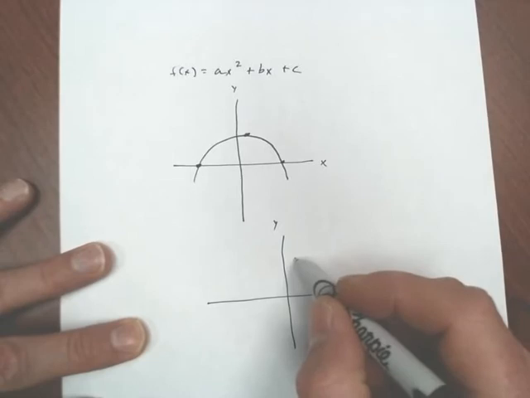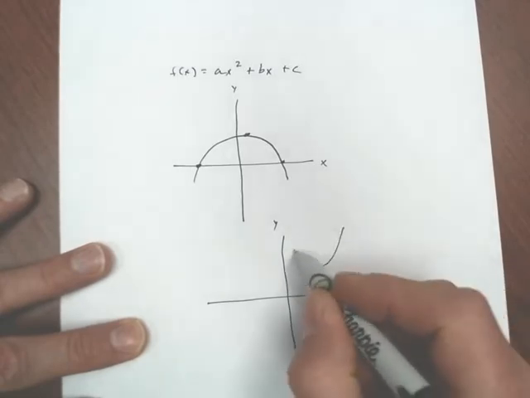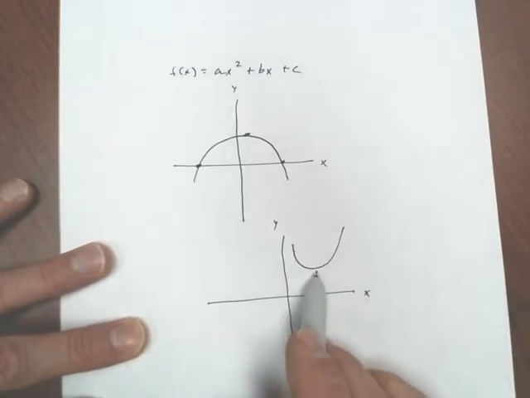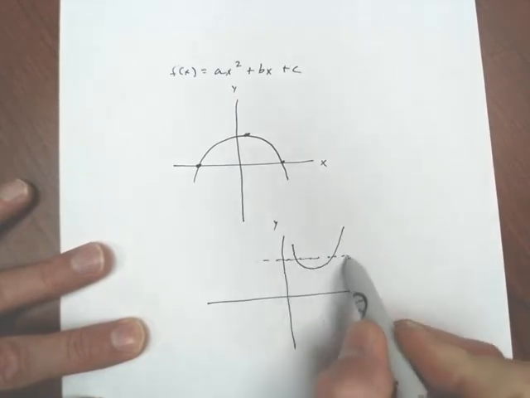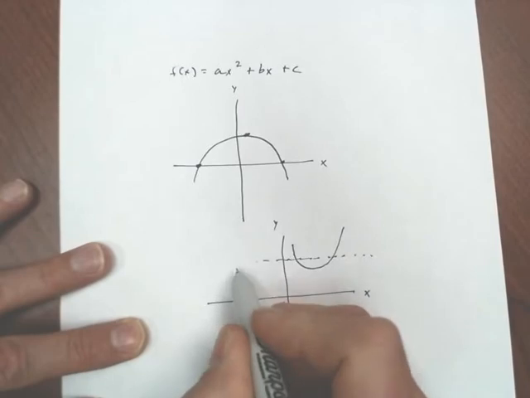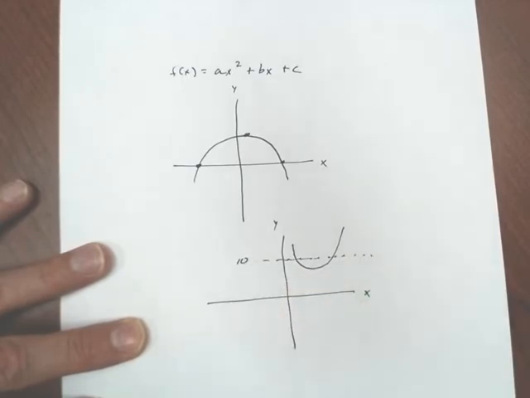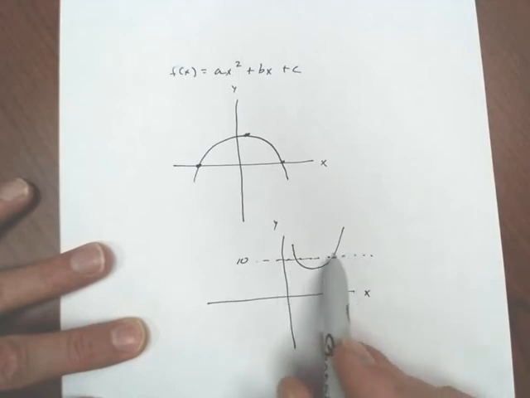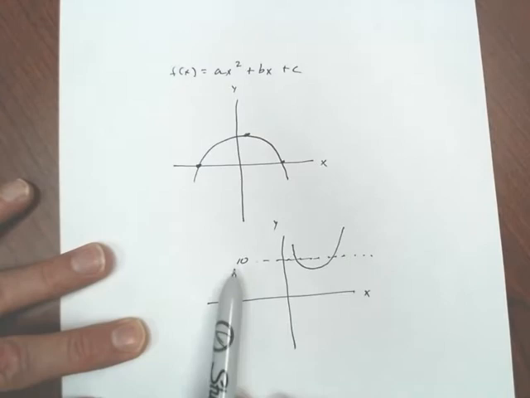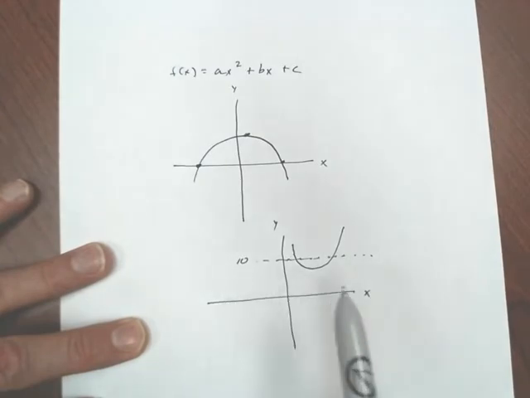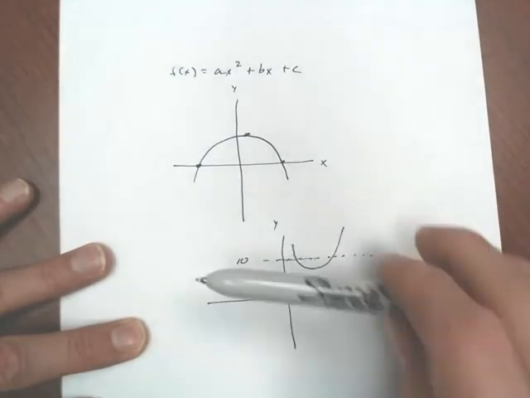So for instance, we have a function that looks like this. We've embedded an artificial horizontal line, something like this, at y equals 10 or something. And we've simply then taken the quadratic function and set it equal to 10. In other words, we've artificially moved the x-axis.